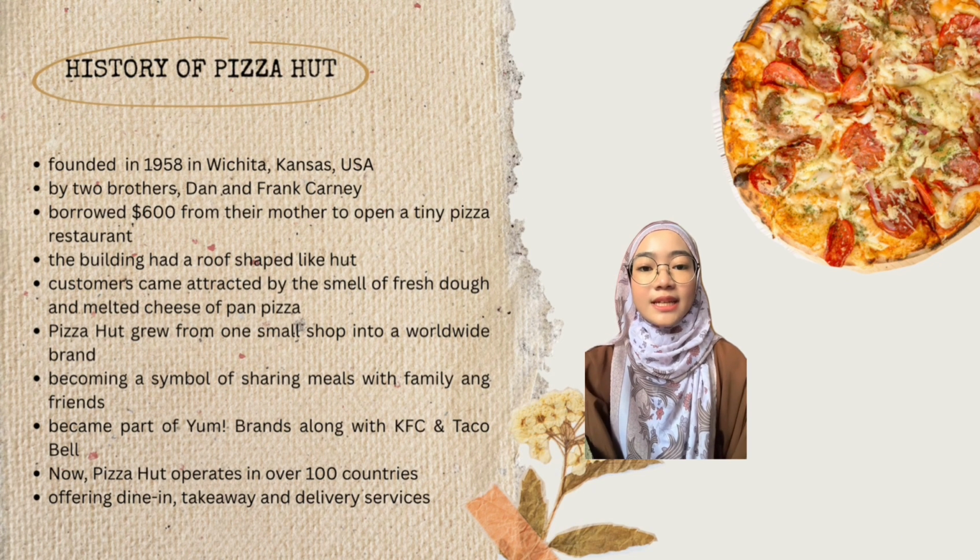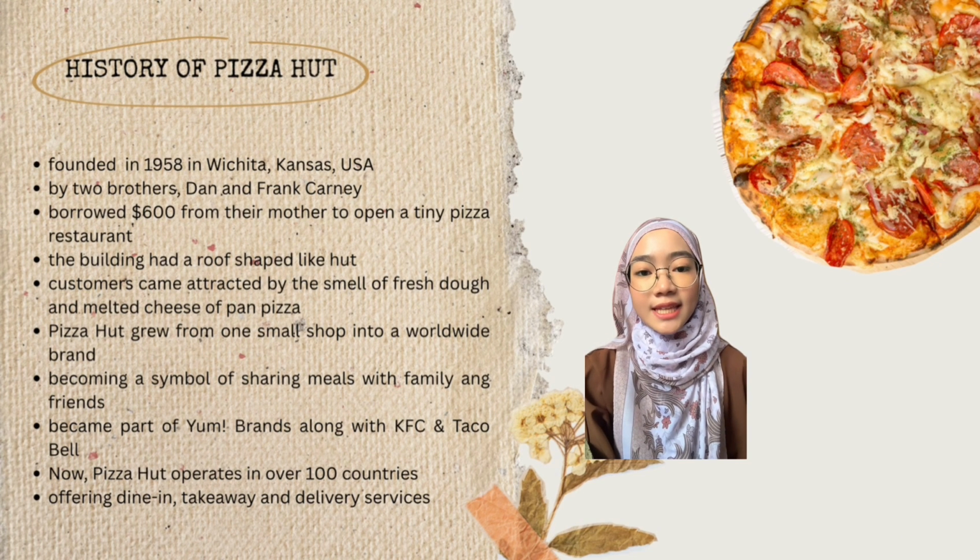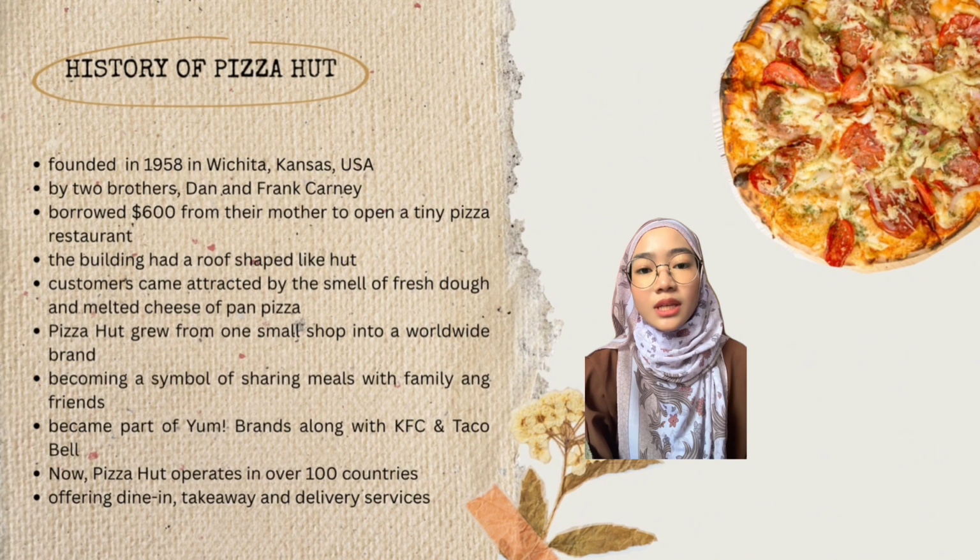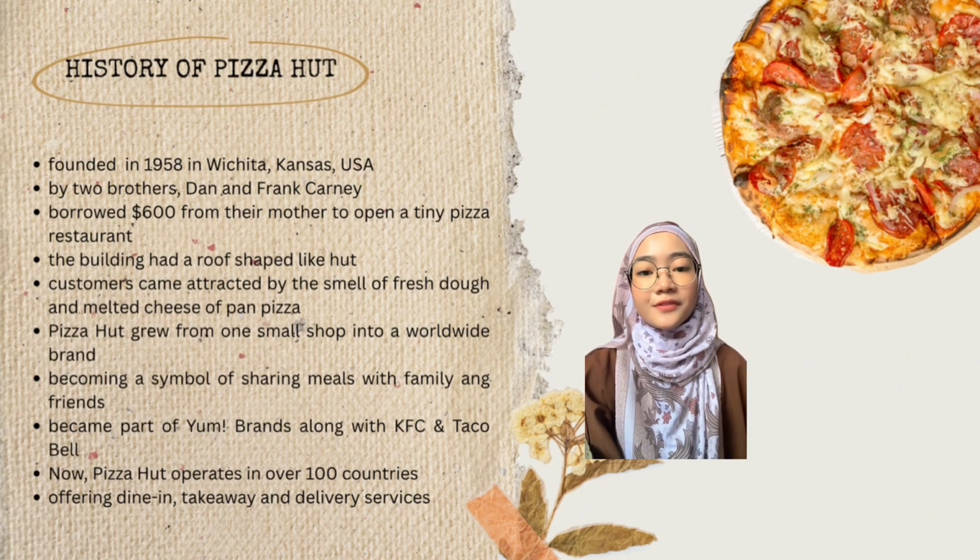Pizza Hut was founded in 1958 in Wichita, Kansas, USA. In a small town, two brothers, Dan and Frank Carney, borrowed $600 from their mother to open a tiny pizza restaurant. The building had a roof shaped like a hut, so they named it Pizza Hut.